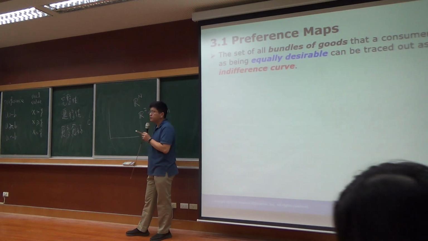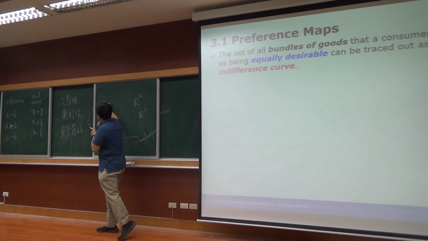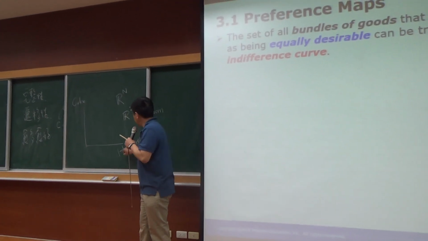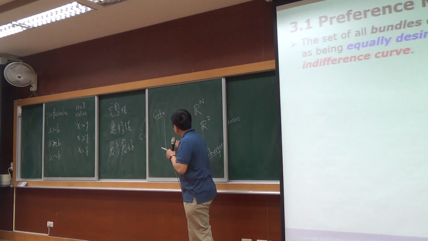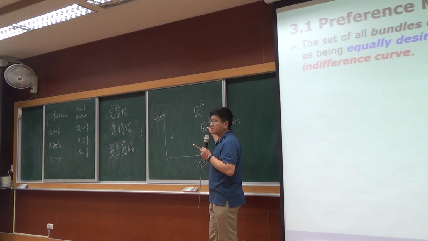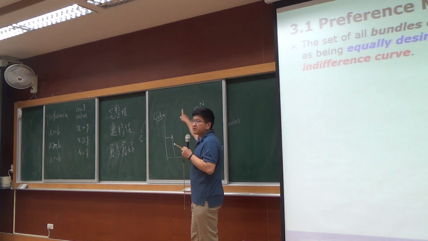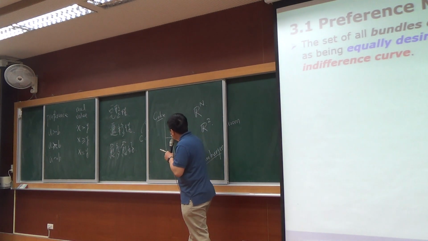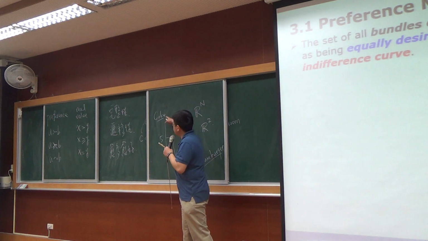So if we have 2 types of goods, like hamburger, like Coke, so we may have 2 types of goods. And each point on the diagram is on an R² diagram, dimensional 2, right? So this is a 2-dimensional diagram, and each point on the plane may denote, say, 2, 5, which means 2 hamburgers, 5 cups of Coke, okay?